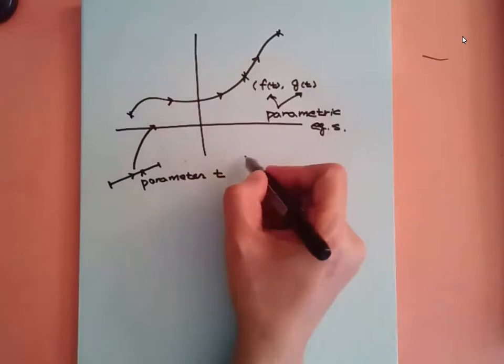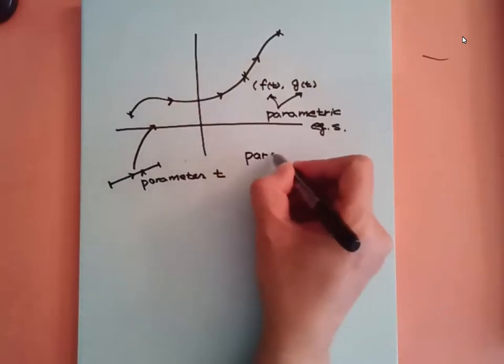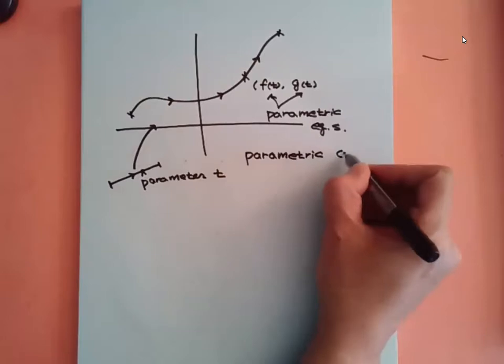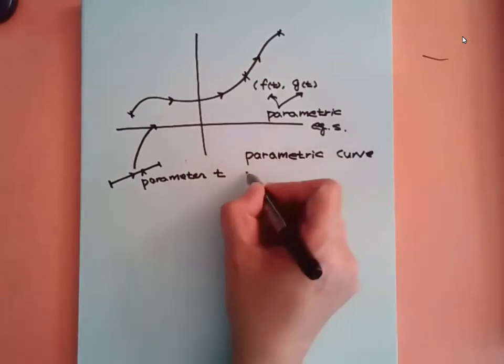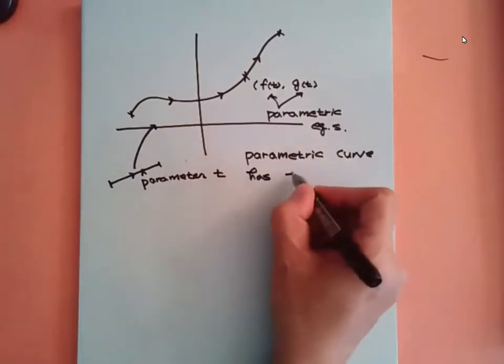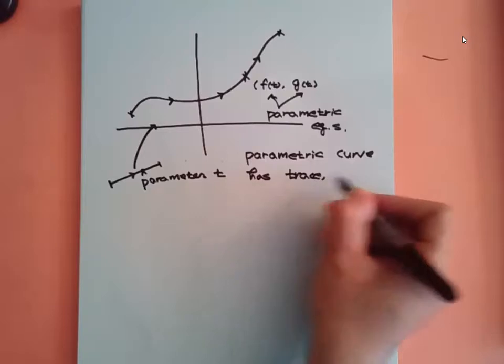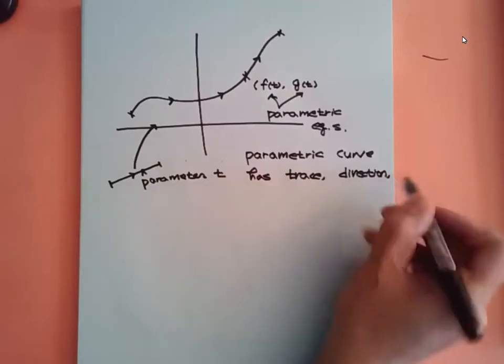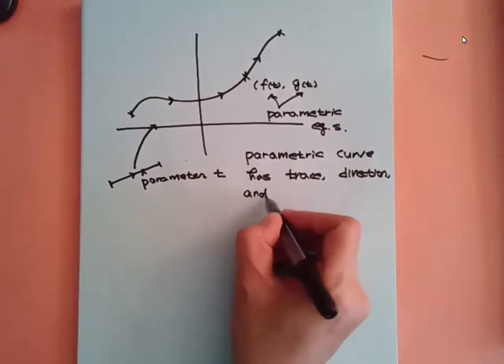And a parametric curve has trace, direction, and speed.